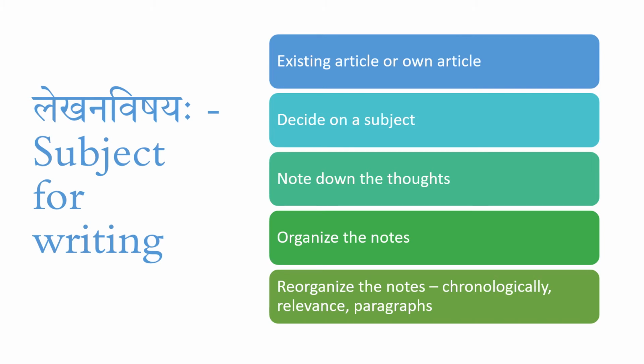They can think about some event or some subject, and then decide on that subject. Whatever it is, the important thing is that one has to have a passion or interest in that subject.